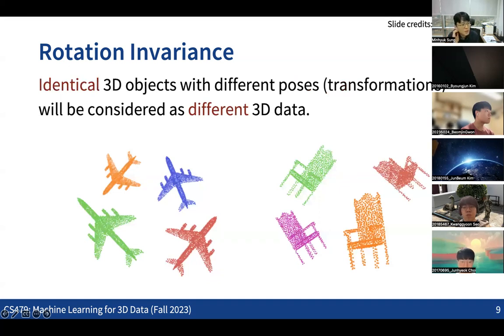If we have 3D objects with random orientations, then without components that achieve rotation invariance or covariance, the neural net will see these identical 3D objects as entirely different 3D data, because their orientation is different, right?